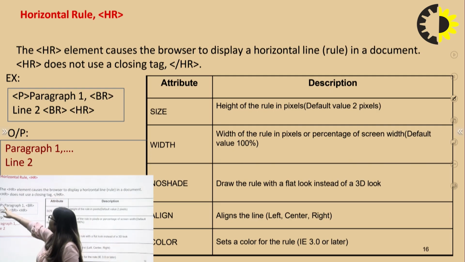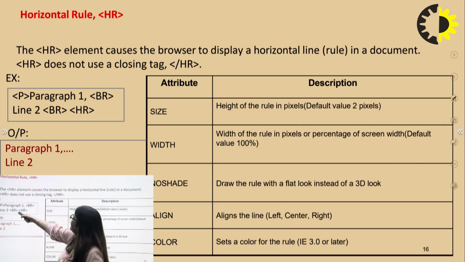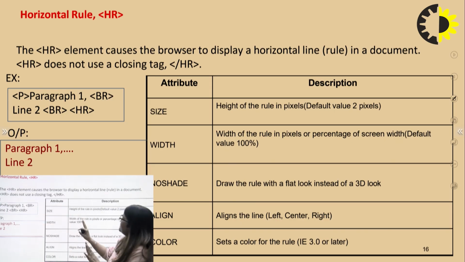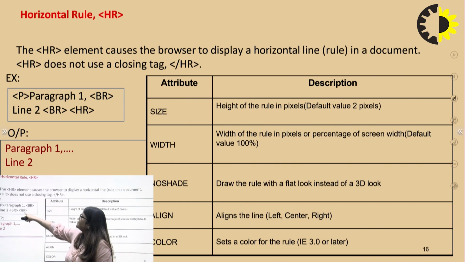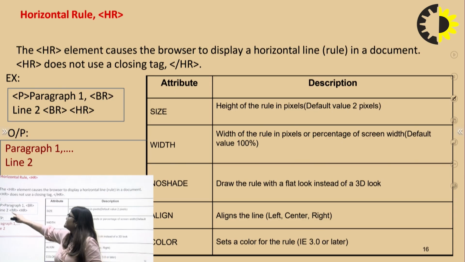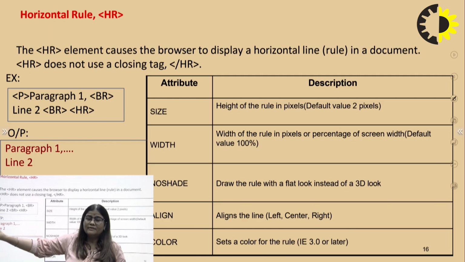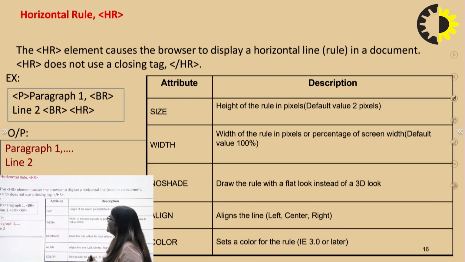So P1 example, paragraph 1 BR, this is the simple paragraph where I am using, and then I am using this HR. What would be the output? First paragraph 1 will be written, then I am using break, then in the second line, line 2 will be written, and in the third line, it would be a simple horizontal line.